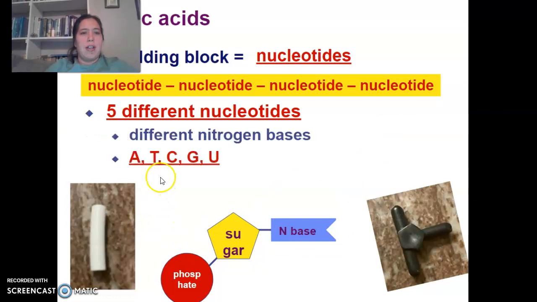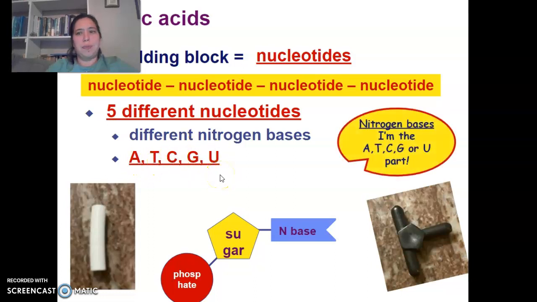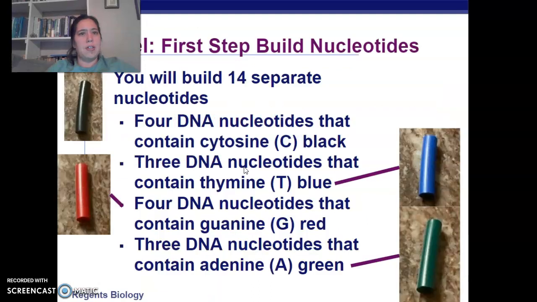It's going to be adenine, thymine, cytosine, guanine, and uracil, which we commonly abbreviate just by the capital first letter of those words. So again, the nitrogenous bases, this N right here, are going to be the A, T, C, G, and U that you see. We'll get into that more in just a second.